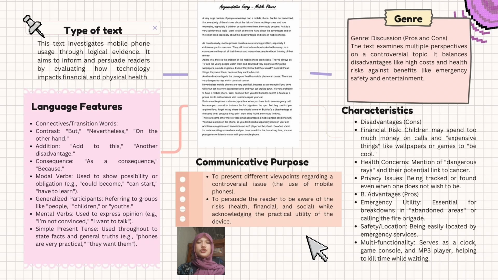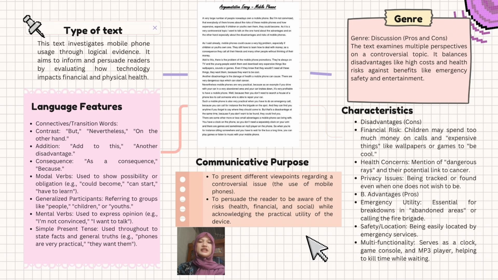Now let's see the structure. There are three parts: issue, arguments for and against, and the conclusion. It introduces the topic being discussed. Then the text presents advantages and disadvantages. And finally, the conclusion summarizes the discussion.